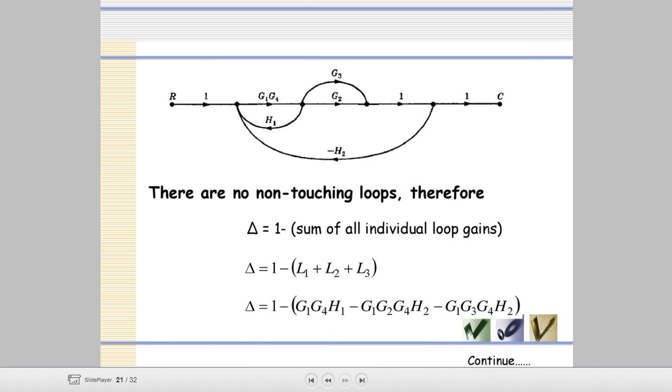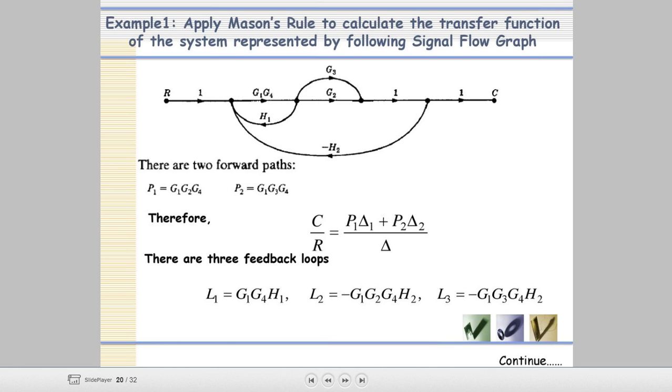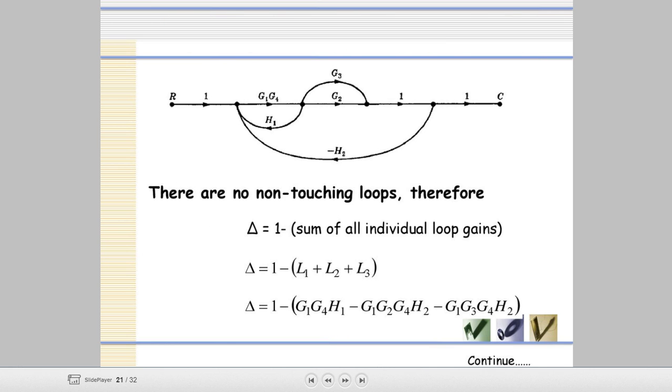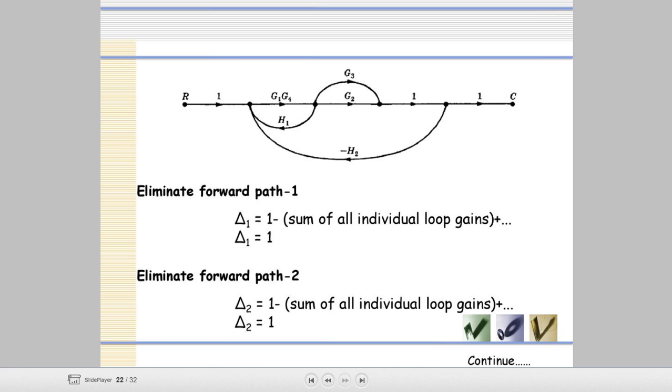Just I have added the loop gains, so delta is calculated. Now how are we going to find delta 1? Delta 1 means 1 minus the sum of all individual loop gains which are not touching the first forward path.